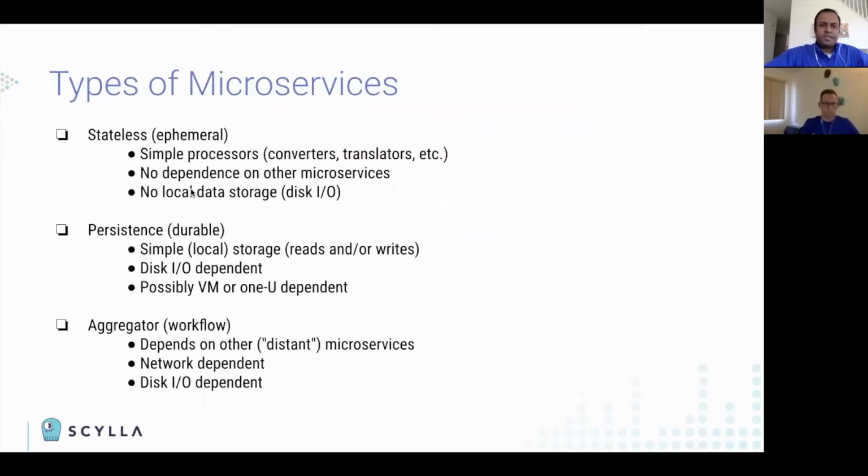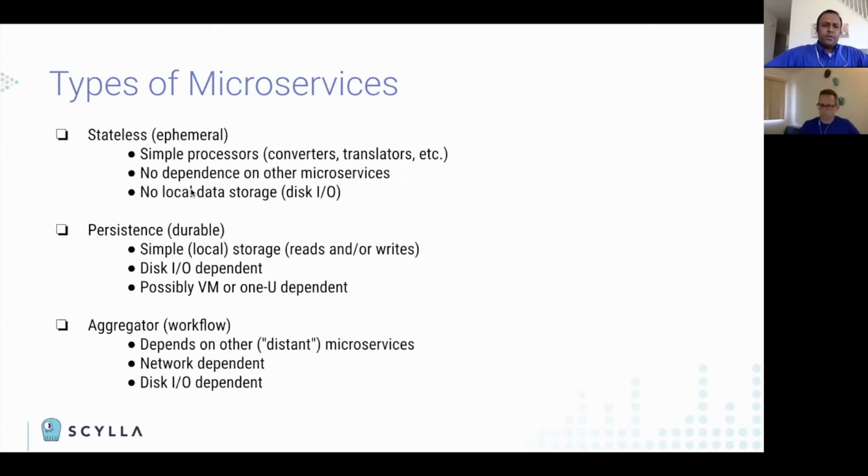Whether it is a stateless application, if it is a stateless application, typically it's ephemeral in nature, just comes and goes based on demand. Typically this is used for various application tier microservices, whether it's for converters or translators, so there's no dependence on other microservices. So it's sort of like a self-contained bounded context which is created for it.